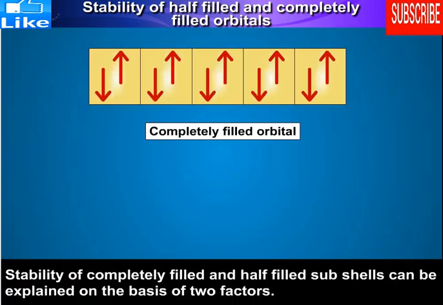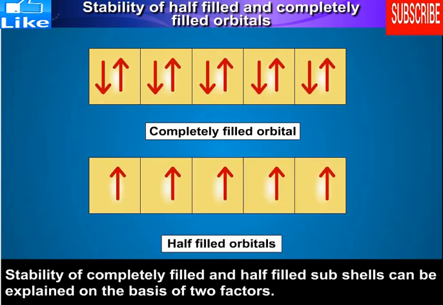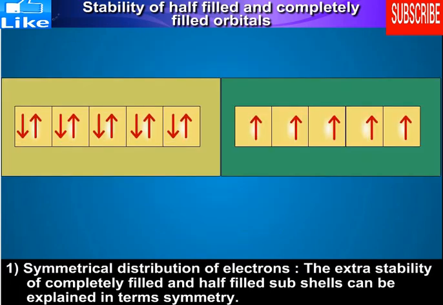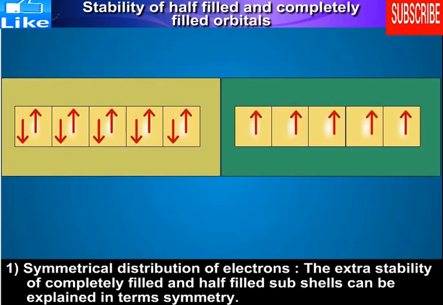Stability of completely filled and half-filled subshells can be explained on the basis of 2 factors. 1. Symmetrical distribution of electrons. The extra stability of completely filled and half-filled subshells can be explained in terms of symmetry.